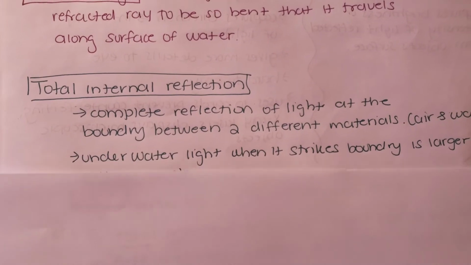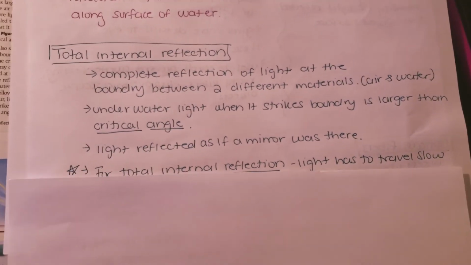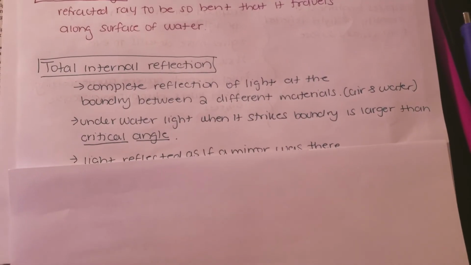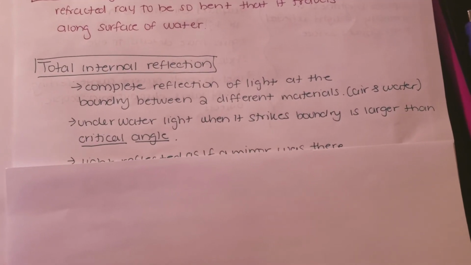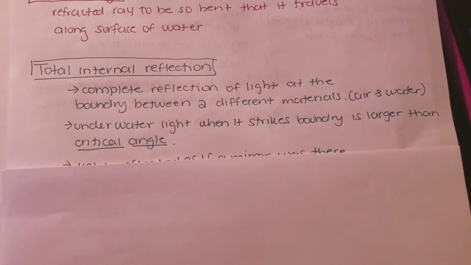Now, the last thing is called total internal reflection. Total internal reflection is when you have a complete reflection of light at the boundary between two different materials, such as air and water.